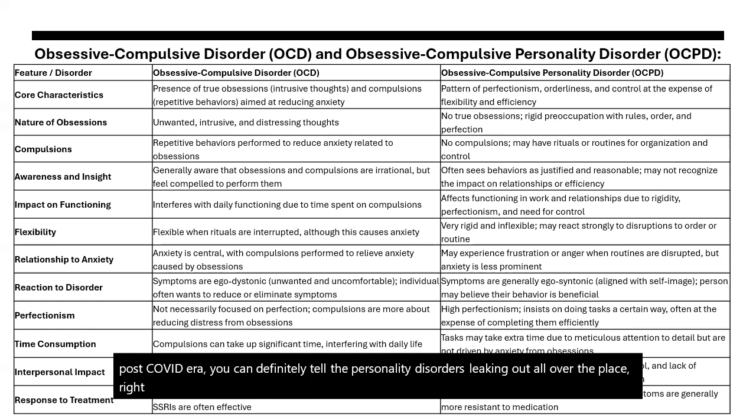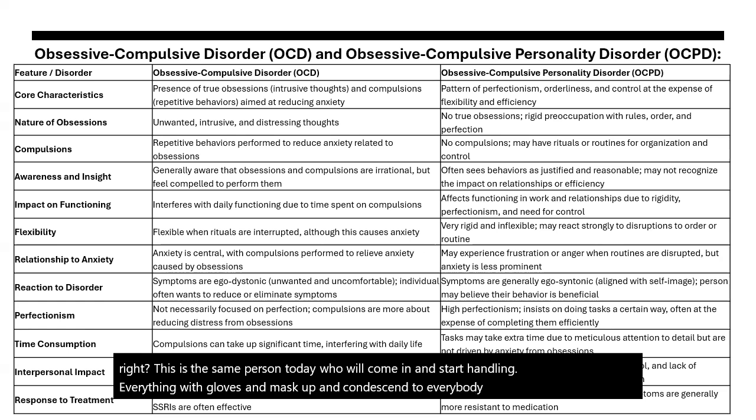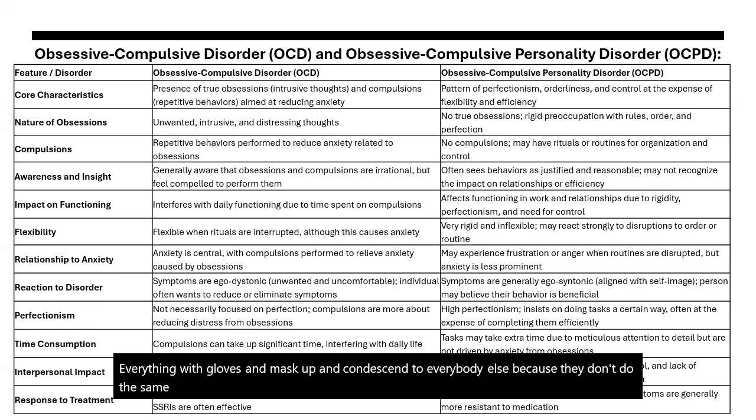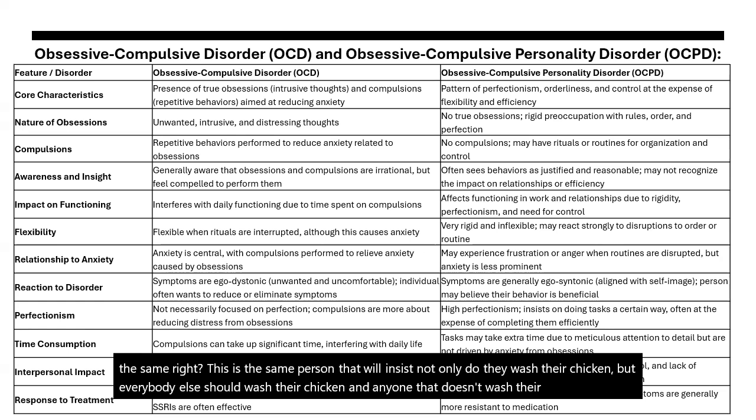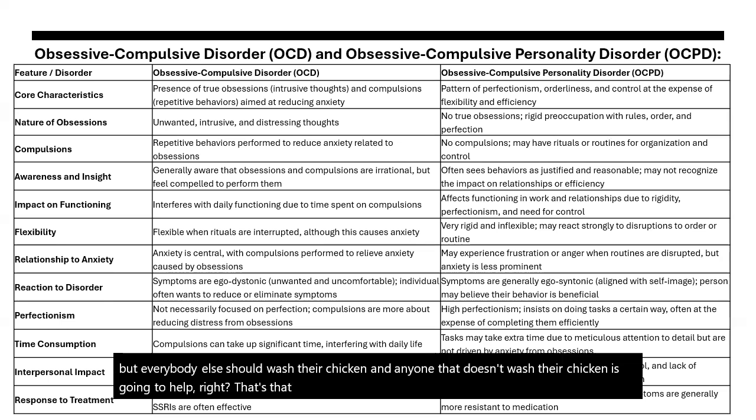This is the same person today who will come in and start handling everything with gloves and mask up and condescend to everybody else because they don't do the same. This is the same person that will insist not only do they wash their chicken, but everybody else should wash their chicken, and anyone that doesn't wash their chicken is going to hell. That's that kind of OCPD where they're trying to proselytize and convert everybody.